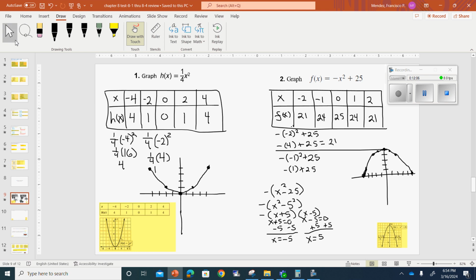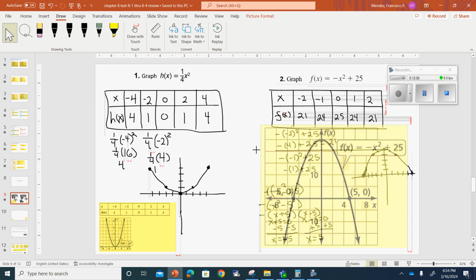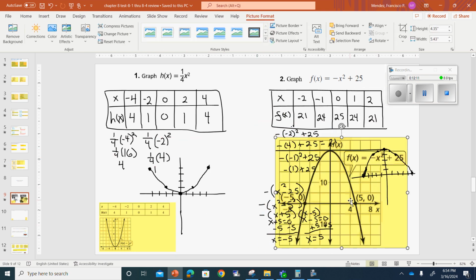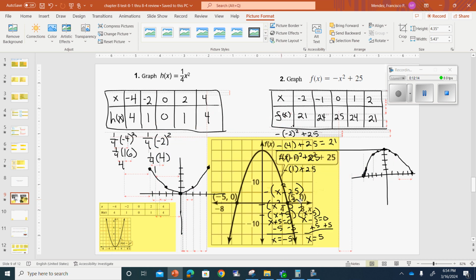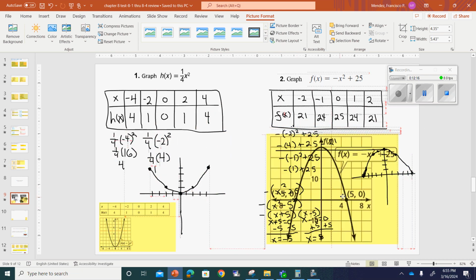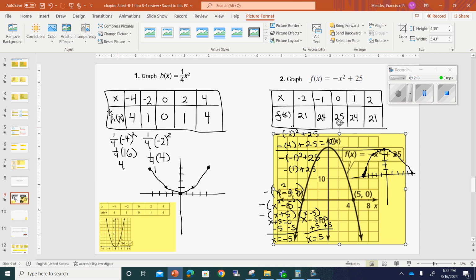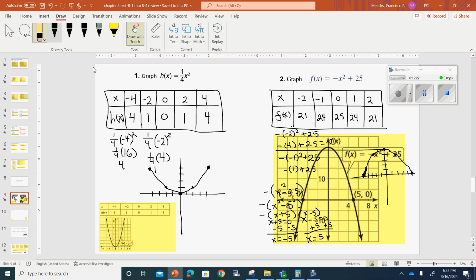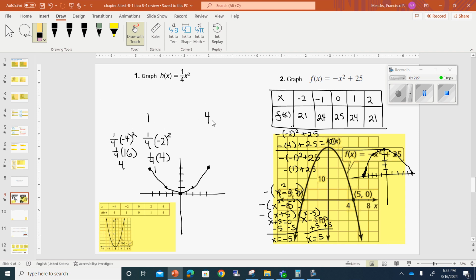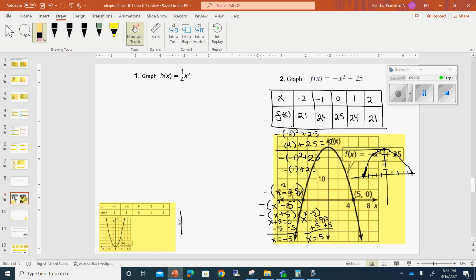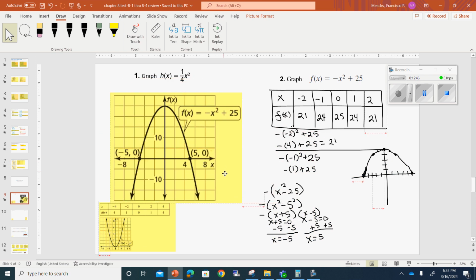Let's see how I did. I've got little room to actually view it, so I'm going to erase all this part over here so we can view it a lot easier. All right, so let's move this over and compare it.